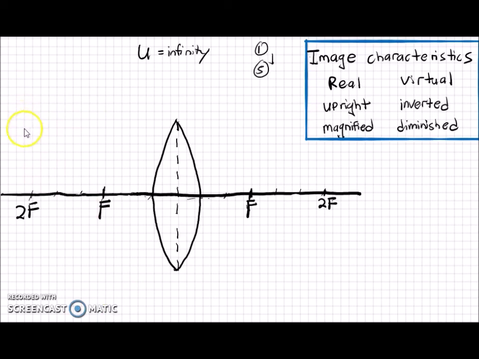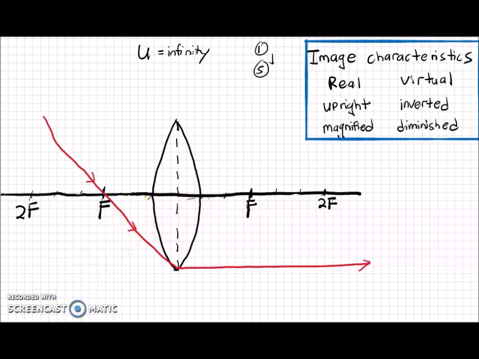One will be coming straight, passing through the F. Once it hits here, it will go toward the straight line. So this is the opposite of the first line.